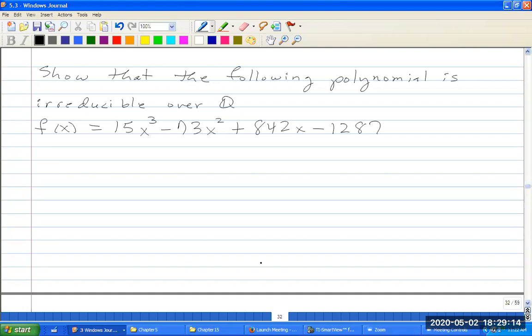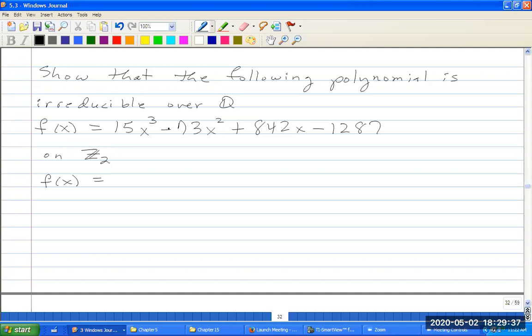Let's just look at Z2. So on Z2, f of x, all I'm going to do is look at the evenness and oddness of this.